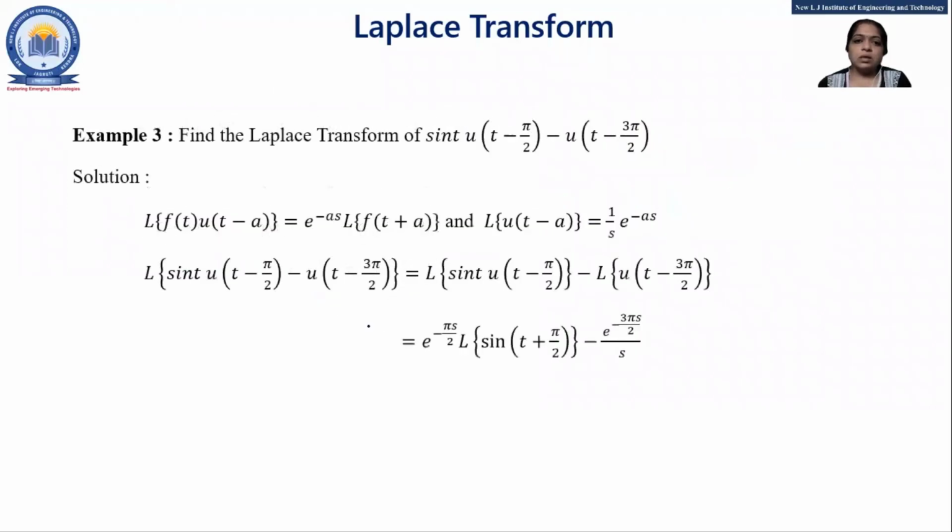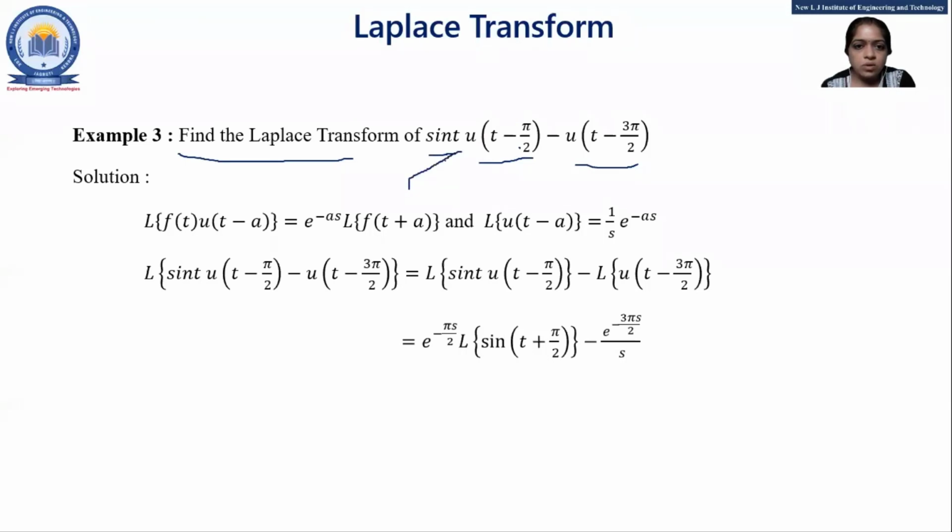Okay. See, the next and most important example of the unit function, that is find the Laplace transform of sin t into u of t minus pi by 2 minus u of t minus 3 pi by 2. See, students, two terms in this example. First term is f of t into u of t minus a.